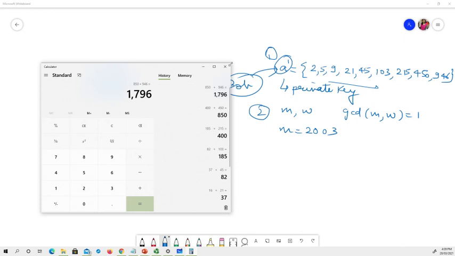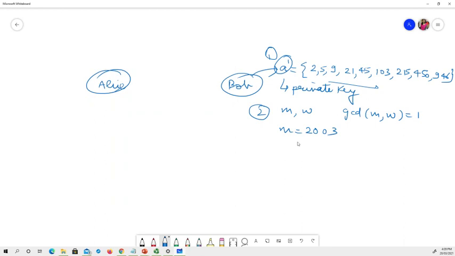I am choosing m greater than 1796, which is 2003. I also want another number w such that the GCD of m and w is equal to 1. Let us suppose I get the number 1289. If I calculate the greatest common divisor of 2003 and 1289, using the Euclidean algorithm or anything else, you would get the GCD as 1. So that was the second step.